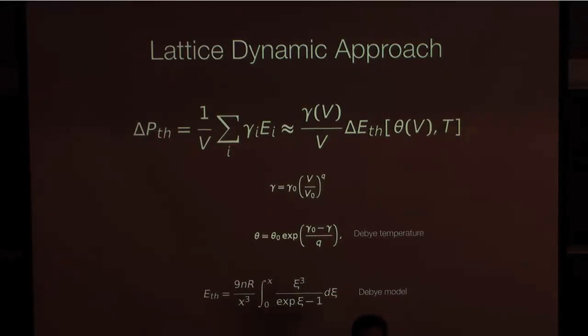The equation of state with thermal parts requires more than three, depending on the approach. I'm showing you one approach today, but there are four or five different approaches popular now.